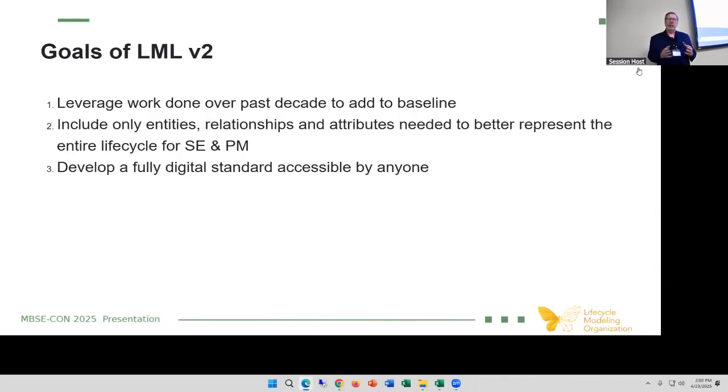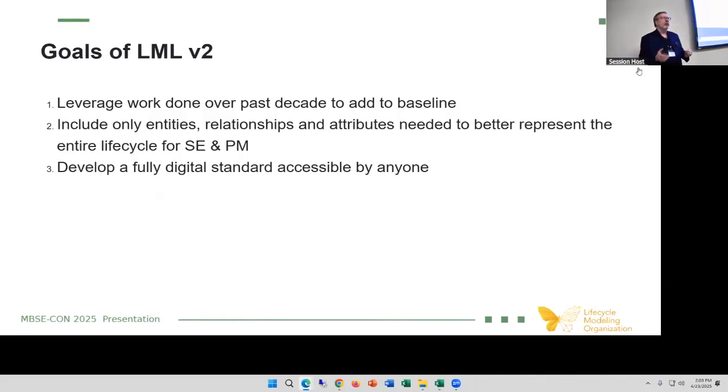In other words, the irreducible set of information you need to make decisions. These are the essential elements of information for systems engineering and program management. So we only wanted to include the entities, relationships, and attributes needed to better represent the entire life cycle. We recognized there were a couple of places where we had been light, and that's why we added the appendices to begin with, and we wanted to go beyond that.